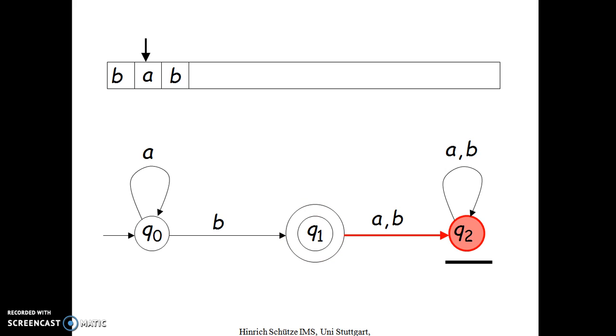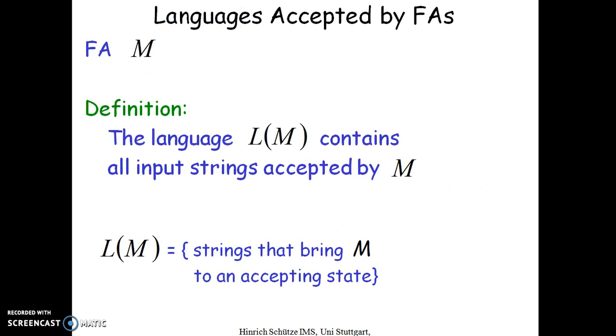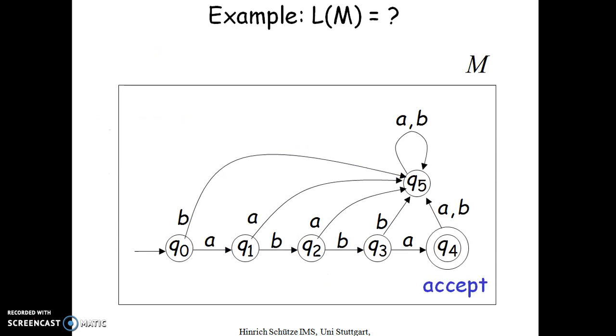After reading A, I go to the trap state, and I'll remain in the trap state for any of the inputs. So that is rejected. So the language L of M, where M is a finite automata, contains all input strings accepted by M. So L of M is the set of strings that bring M to an accepting state. This is the language accepted by the finite automata.